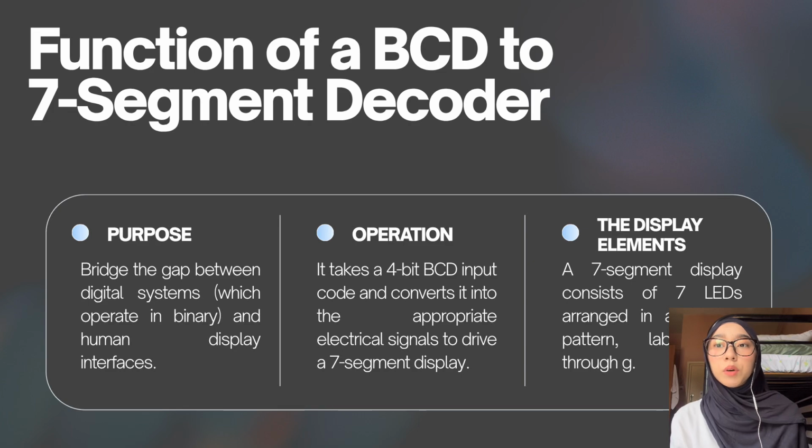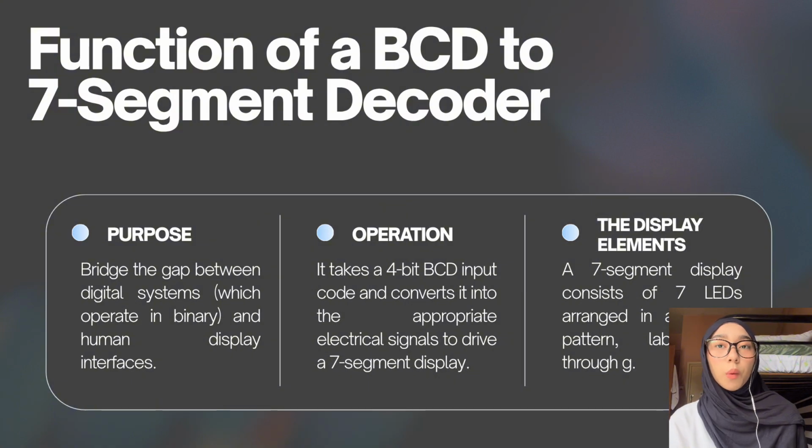Next, I'm going to talk about the function of a BCD to 7 segment decoder. So what is its purpose? It is to bridge the gap between digital systems, which operate in binary, and human display interfaces.